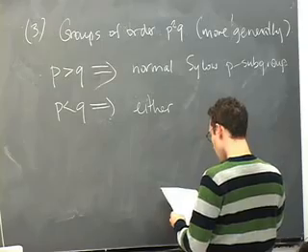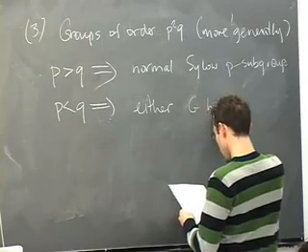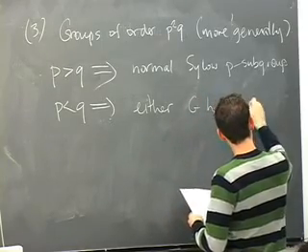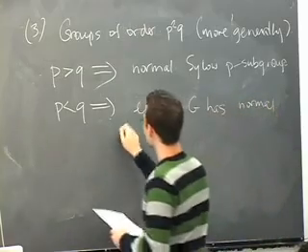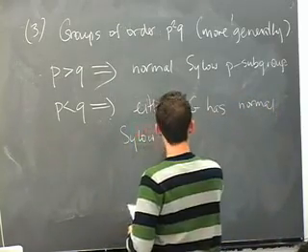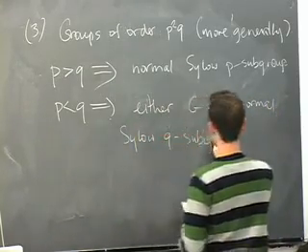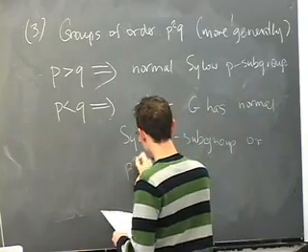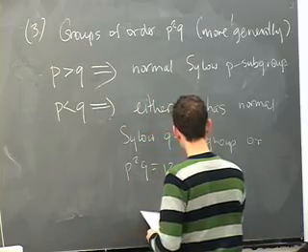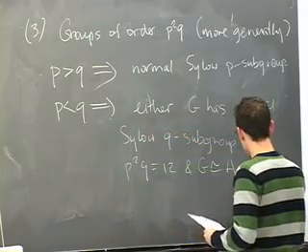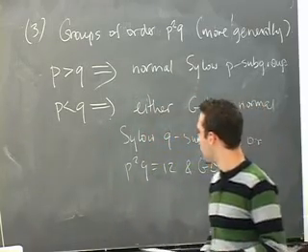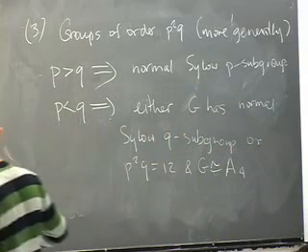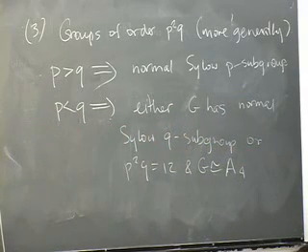Either G has a normal Sylow q subgroup, or p squared q equals 12, and we're back to this degenerate case where G is isomorphic to A4.